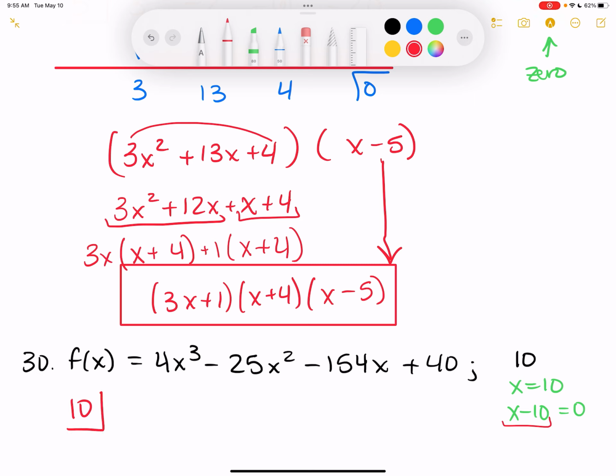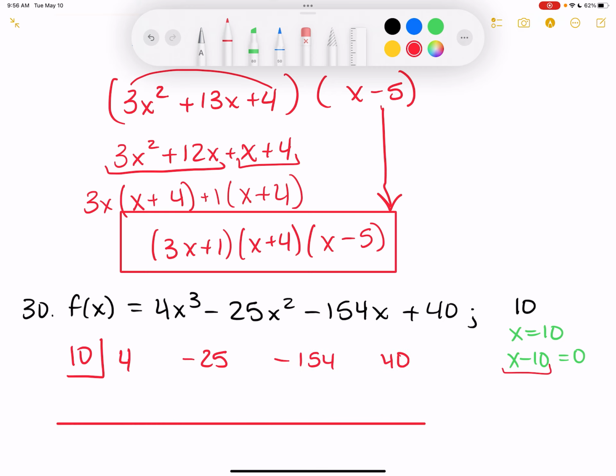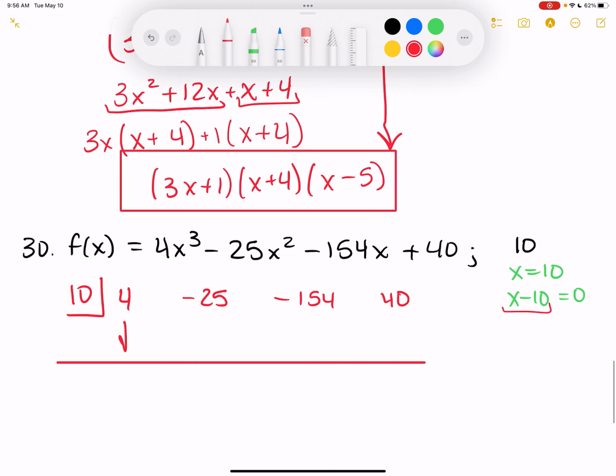So I'm going to run it with 10 there, so then copy down all your numbers. 4, negative 25, negative 154, 40. We hope. We're told it's a 0, so we're hoping it's going to come out to be 0.